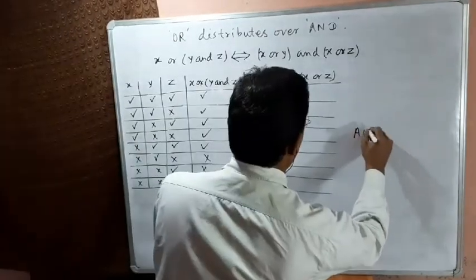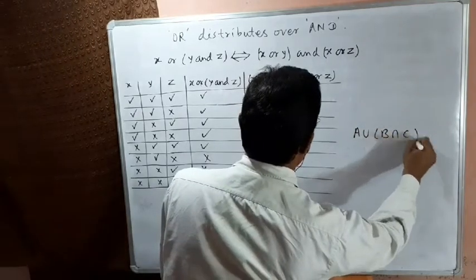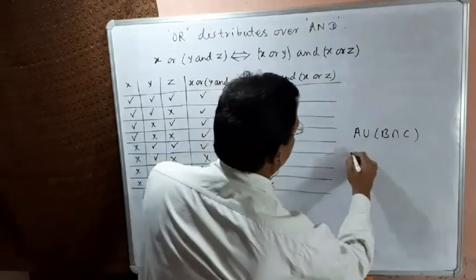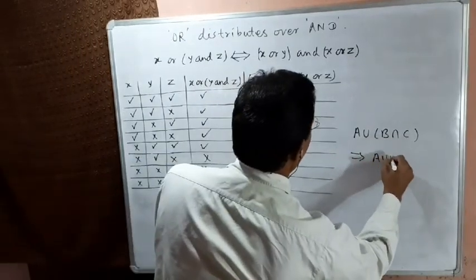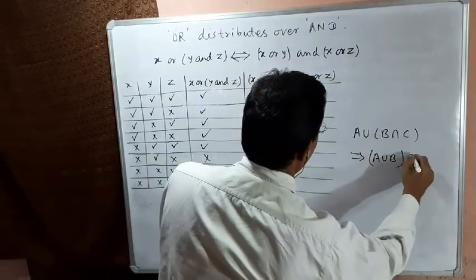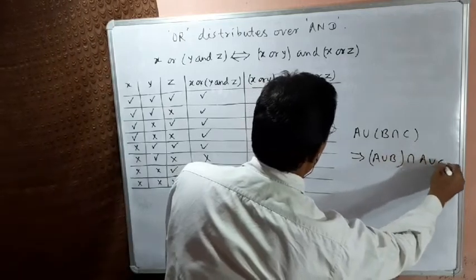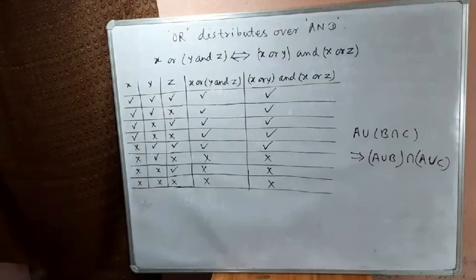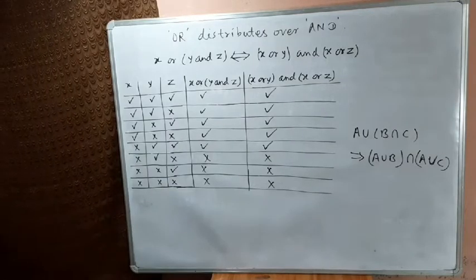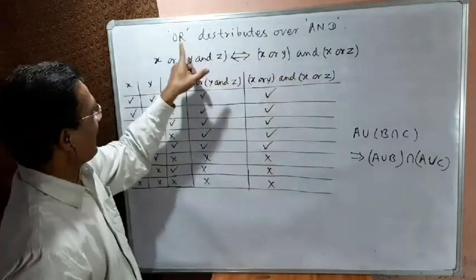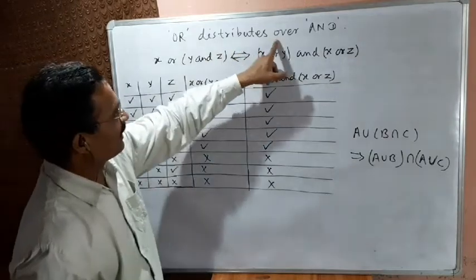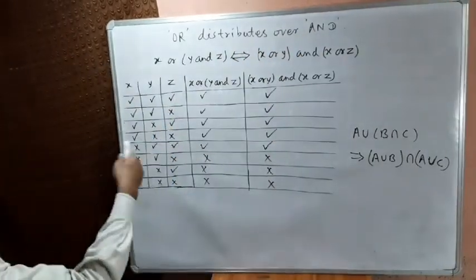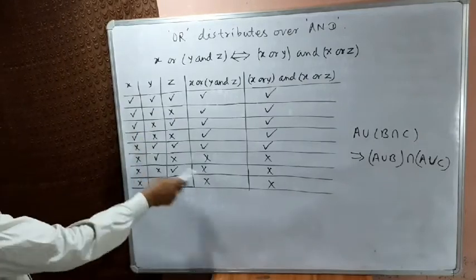Just like A union B intersection C, A or B and C, this will imply A union B and A union C. Just like this, try to understand operation of and distributes over operation of or. Make the truth table yourself, these 8 situations.